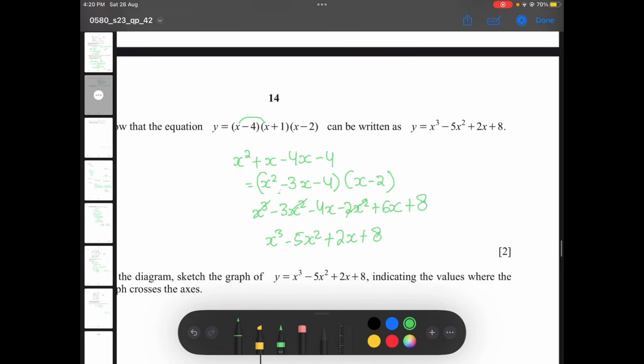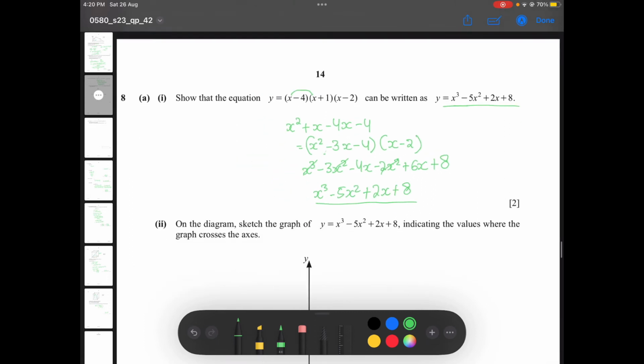So as you can see, this equation is exactly equal to this one, these are the same, hence this is the way that we show the equation.